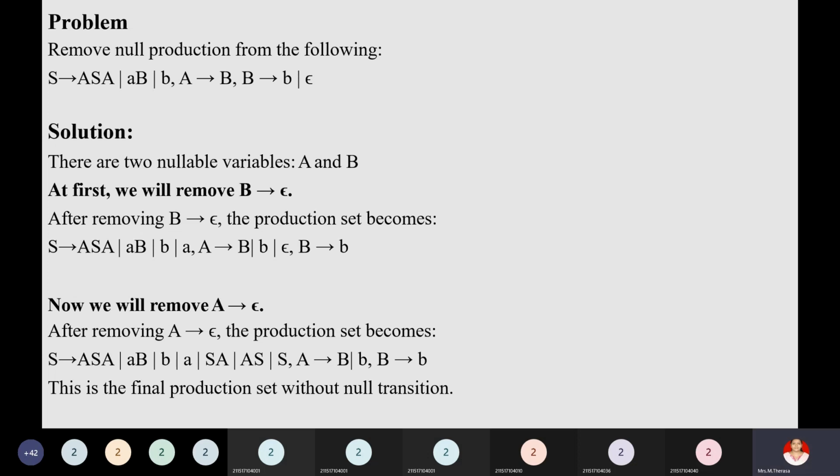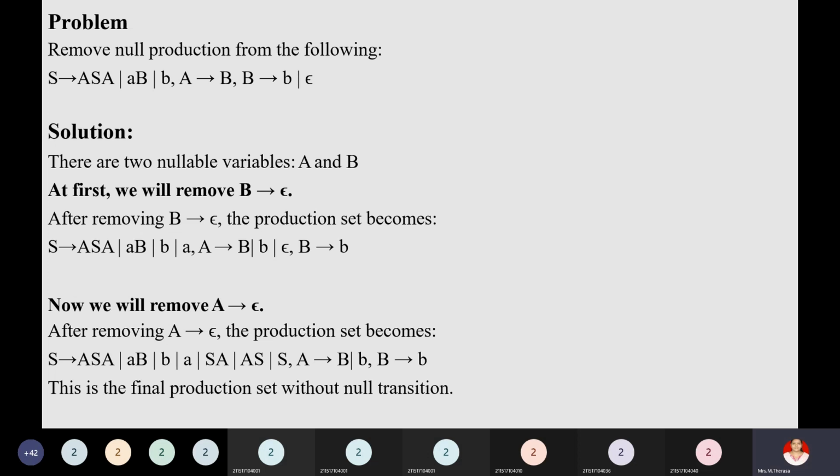Instead of this B, you may have B or epsilon, isn't it? Okay. Next, what you are supposed to do, you need to remove this A tends to epsilon. After removing this A tends to epsilon, you will have S tends to ASA, AB, B or A, and all those things. So at last you need to remove the unit production also.